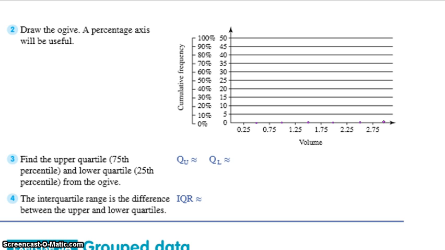So we're doing cumulative frequency, so we know it's going to keep going up and up and up. So what have I got for 0.25? What's my cumulative frequency there? 15. Okay. What about 0.75? What is it? No, it's 27, wasn't it? Yeah. You're not helping me out here. Help a brother out. 27?